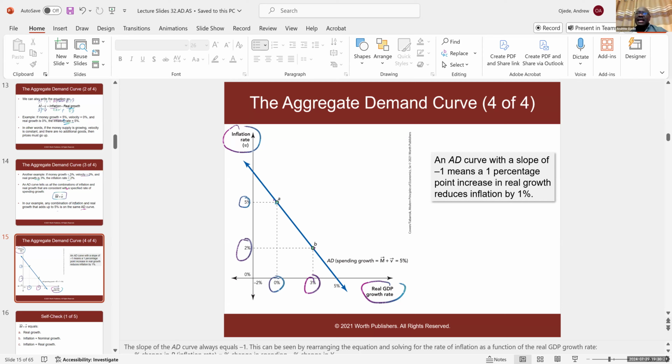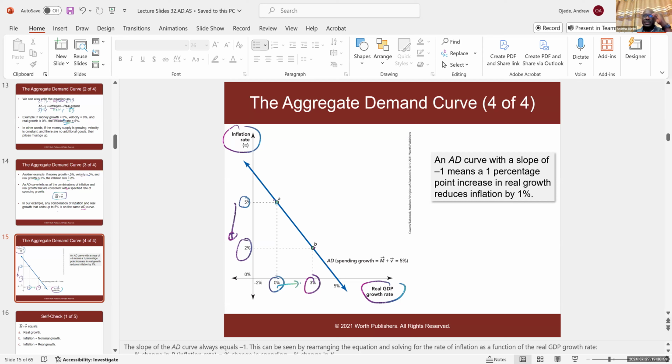So this curve, the aggregate demand curve, shows a negative correlation between inflation and real GDP growth. When inflation is rising in the economy, the growth rate in GDP falls. When inflation is falling in the economy, like say from 5 to 2%, then real GDP growth is going to increase. I'm going to talk about the reason why that is the case shortly.